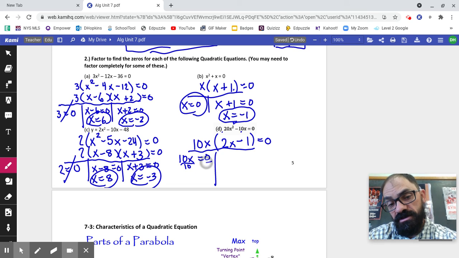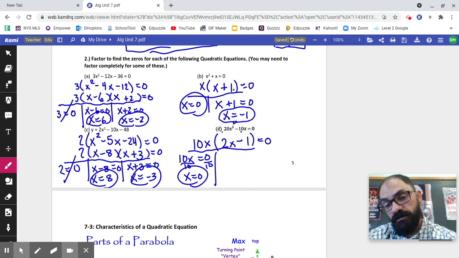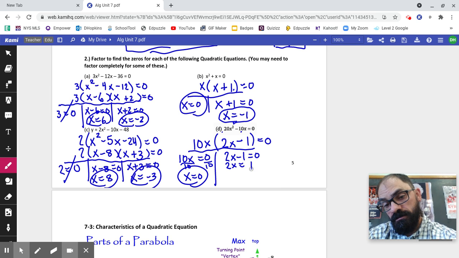Divide both sides by 10. X equals 0. And again, divide by 2.